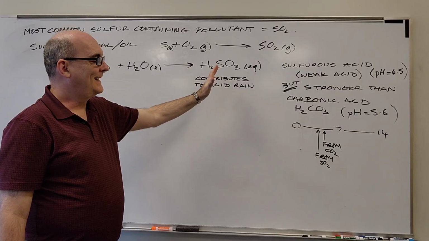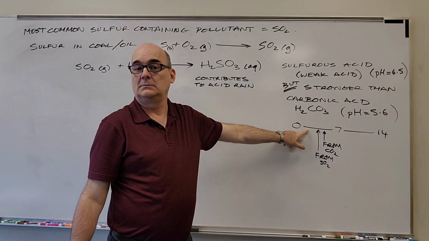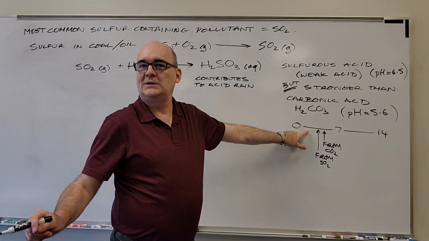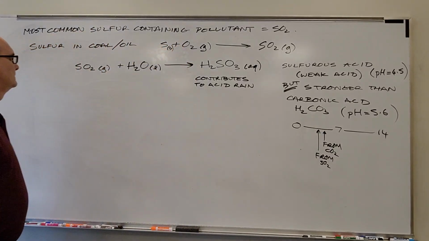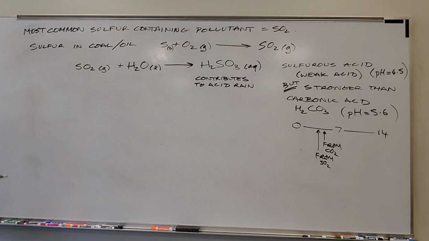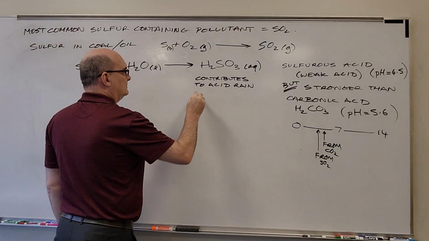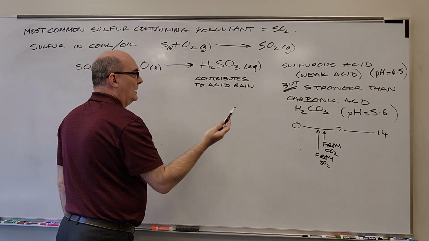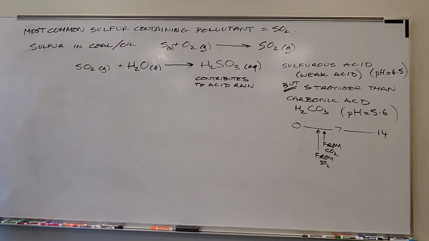But in order to get damaging, we need to push a little bit more. So the sulfurous acid contributes to acid rain in a significant amount. Not going to underdescribe its significance.